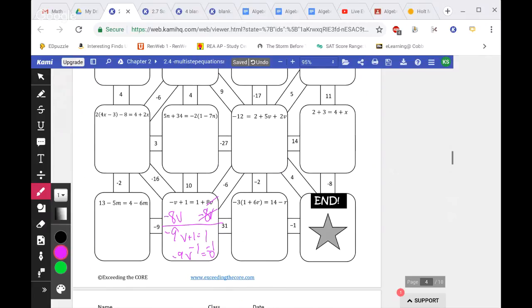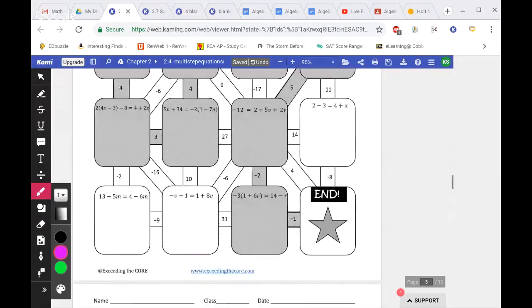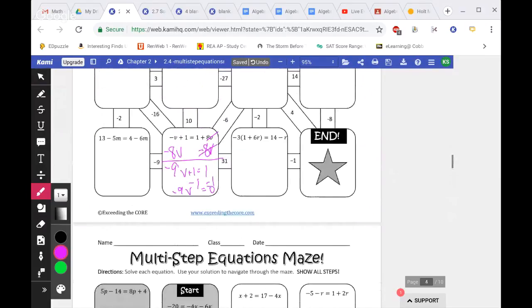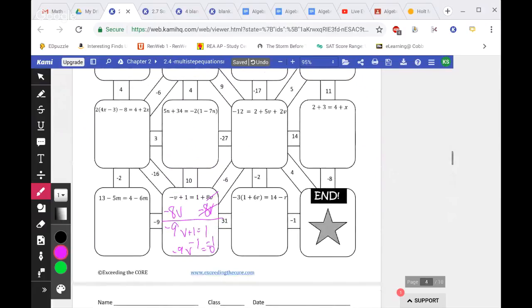Is that what you got? No, ma'am. Well, what did you get? I had already erased it. Oh, okay. Well, it's going to give me v equals 0 for sure.